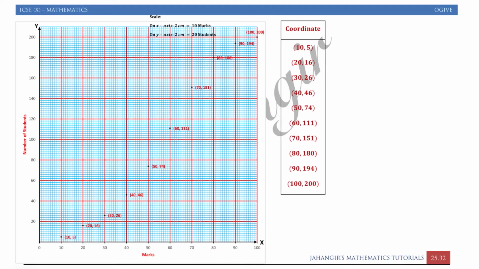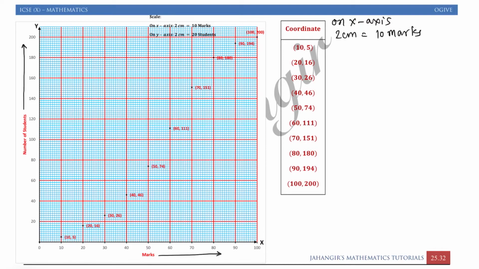Now we will take the x-axis. Label the x-axis as marks, and the y-axis we will write as number of students. On the x-axis, 2 centimeter is equal to 10 marks.